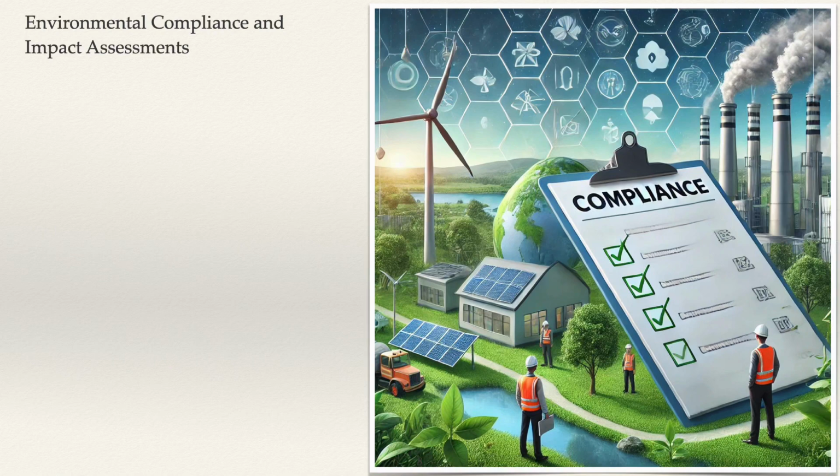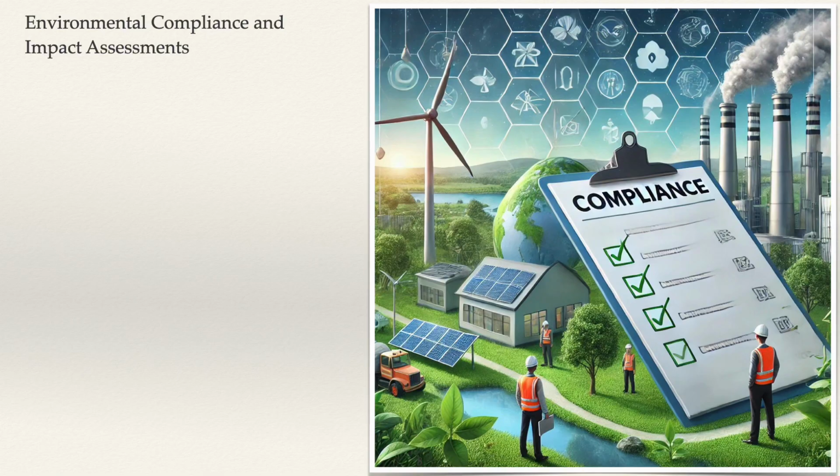This process involves identifying potential impacts of construction activities, including habitat disruption, soil erosion, and noise pollution. It also includes proposing mitigation measures to address these impacts and outlining an environmental management plan, EMP, to be incorporated into the project contract.